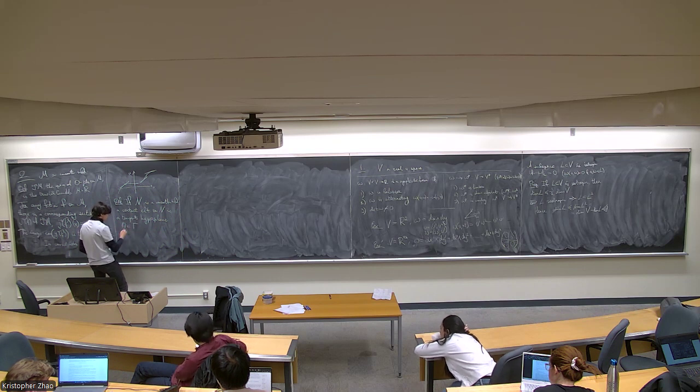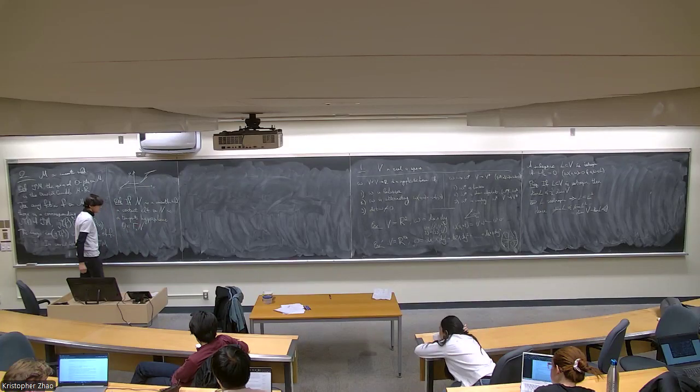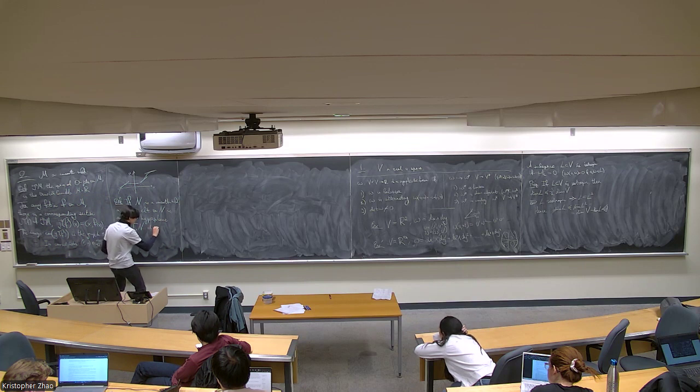What does it mean to be a tangent hyperplane? It's a linear subspace of some tangent space to N, at some point, which is a hyperplane.